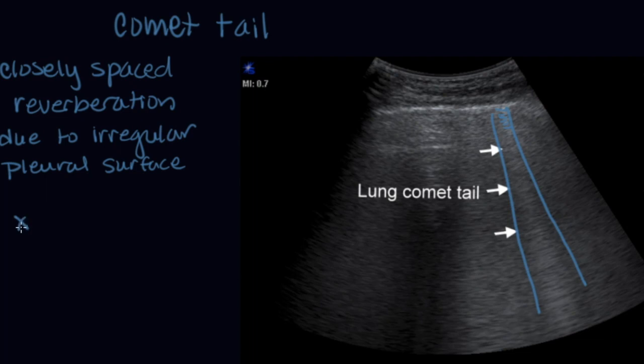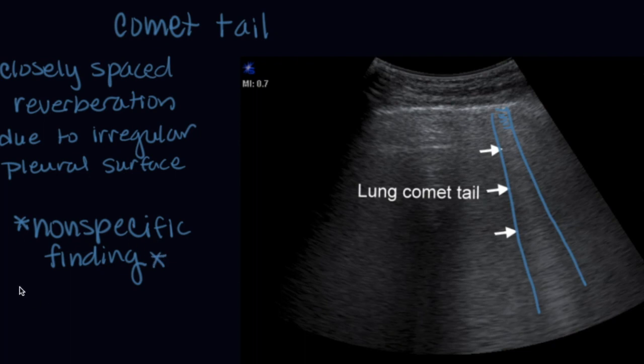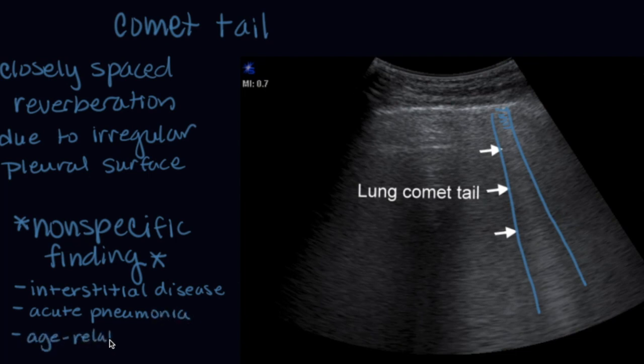Comet tail artifacts are a nonspecific finding that may or may not represent an active disease process. Wide coalescing comet tails or an increased number of comet tails may indicate more severe disease, such as interstitial disease or acute viral pneumonia. However, we also see some comet tails in older horses with age-related changes to the lung surface. Remember that comet tails are a nonspecific finding, and we need to consider the rest of our clinical picture to determine the differential list for the individual patient.